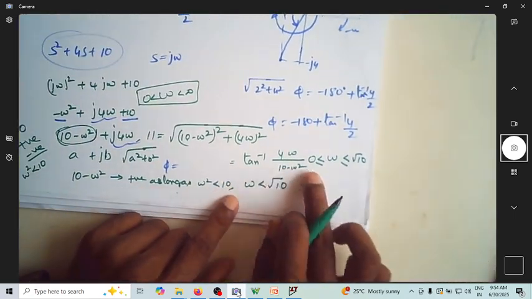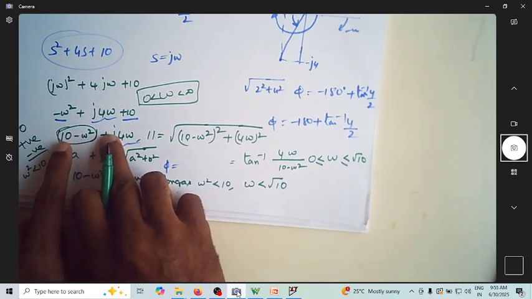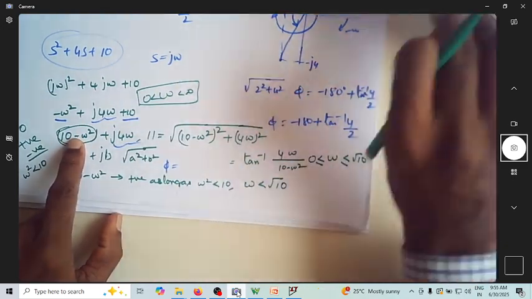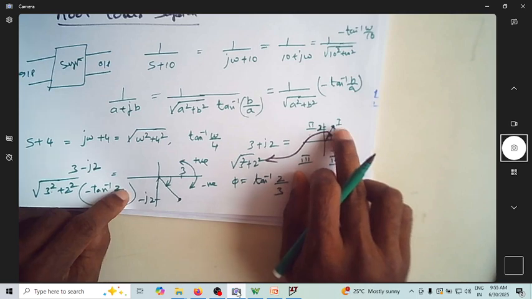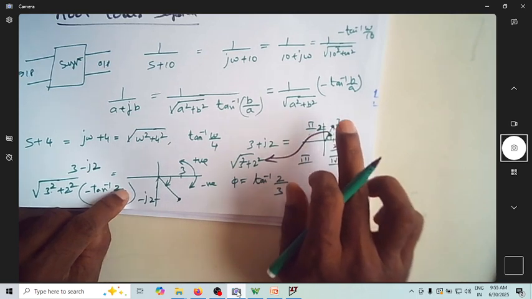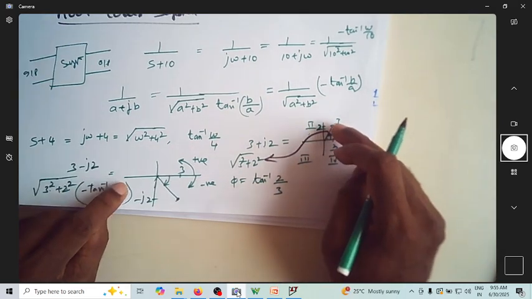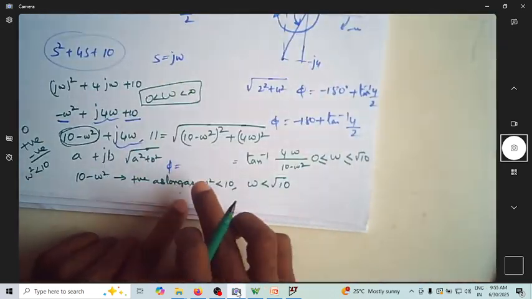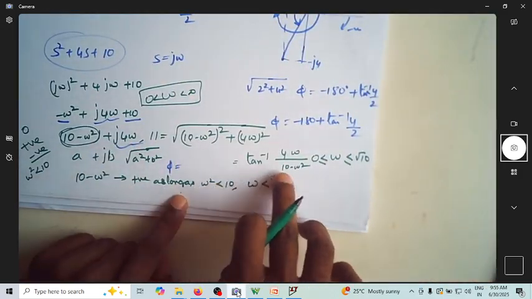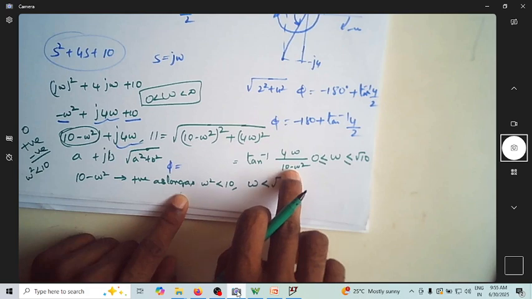This is because it is positive. If it is positive, then it's like having a point in the first quadrant. If a point is in the first quadrant, then the phase is tan inverse of opposite by adjacent, that is imaginary by the real. Since the imaginary quantity is 4 omega and the real part is 10 minus omega square, I wrote it this way.